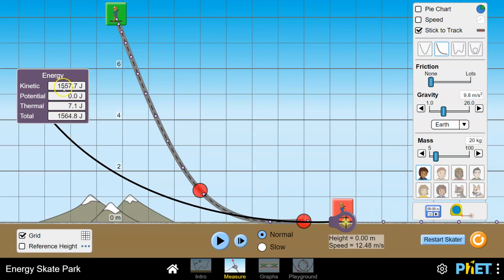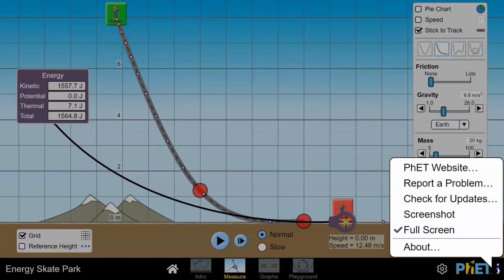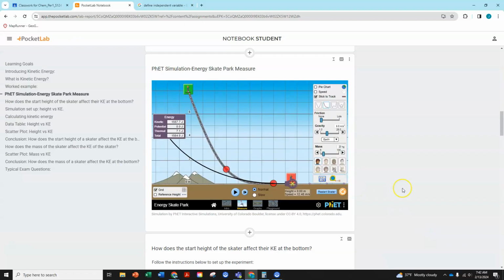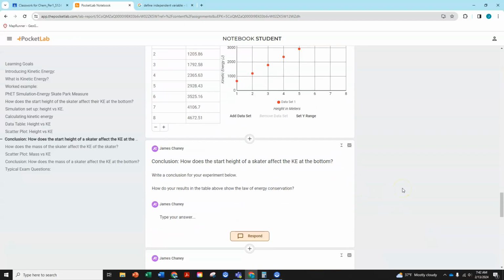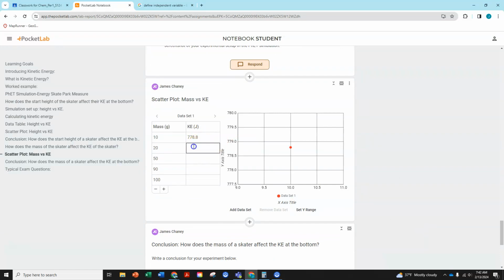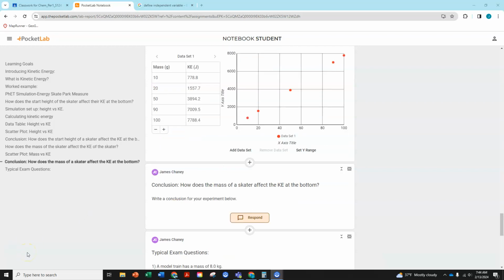Okay, we've got 1557.7. Now we're going to measure the next 3. Okay, so we've got our plots for all 5 mass changes, 10, 20, 50, 90, and 100 kilograms.